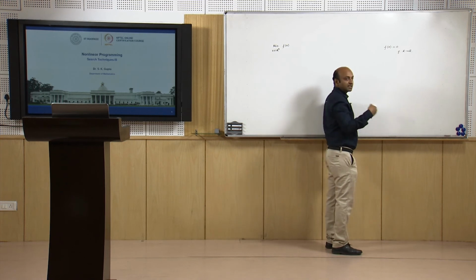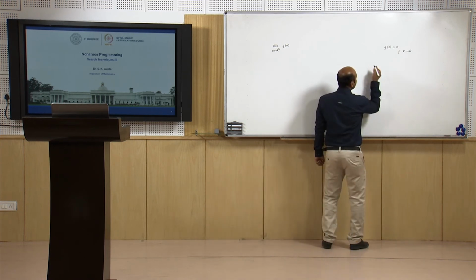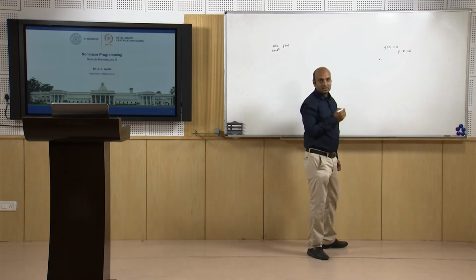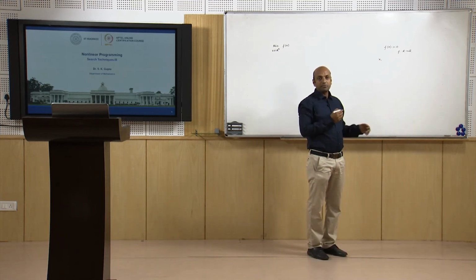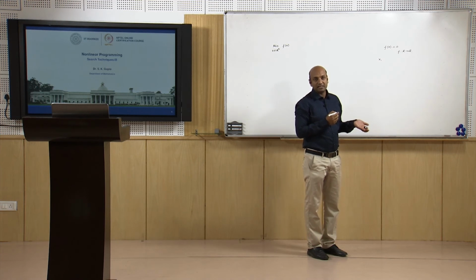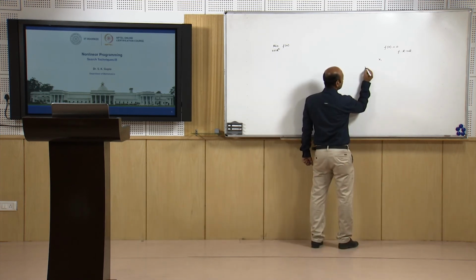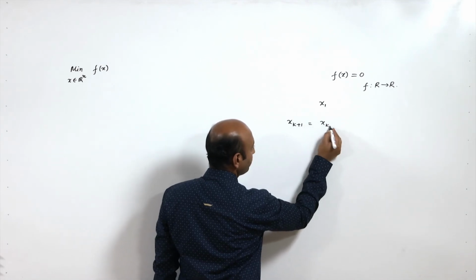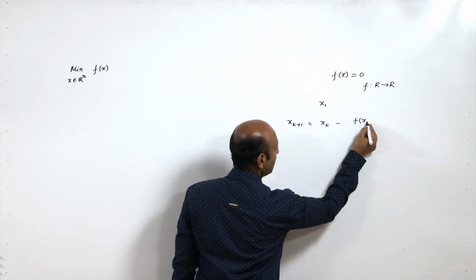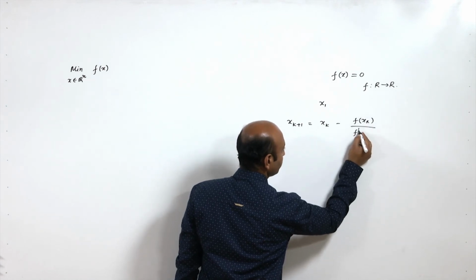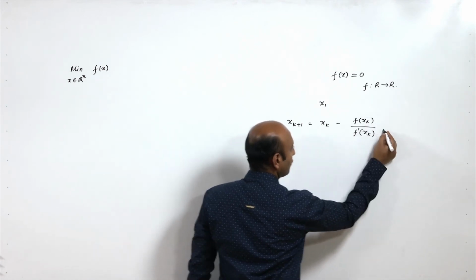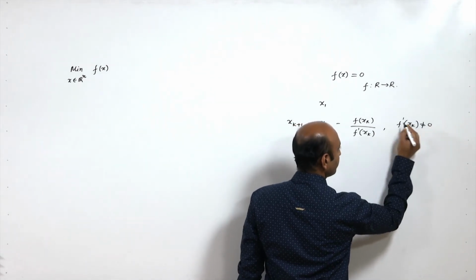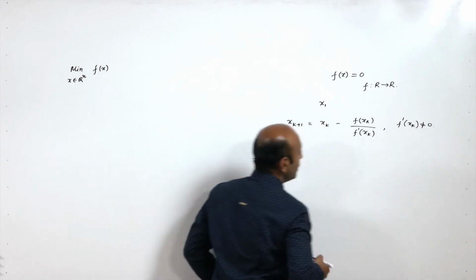It is a recursive scheme basically, in which starting from an initial guess, say x1, which is given to us, or sometimes we assume x1 as an initial guess, we find x_{k+1} = x_k - f(x_k)/f'(x_k), where of course f'(x_k), the derivative, should not equal 0 for all x_k.